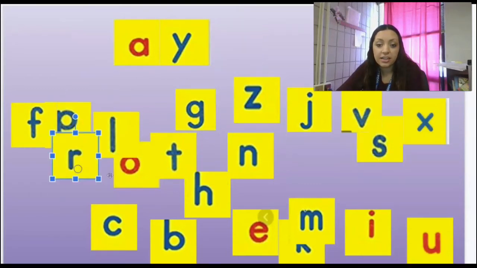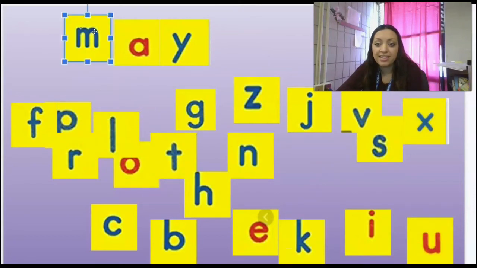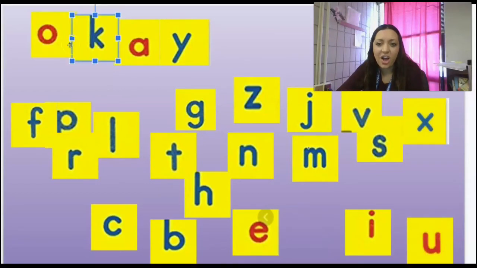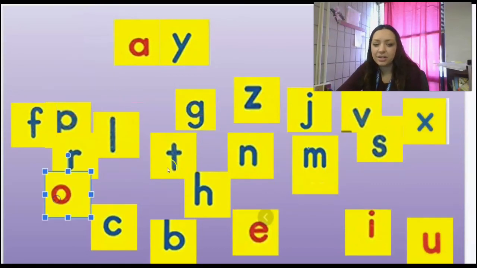All right, let's try another one. Are you ready? What if I add an M? May, good job. Okay, what if this one might get you. What if I add OK in front of it? Okay, okay, very good. And then let's make a silly word.